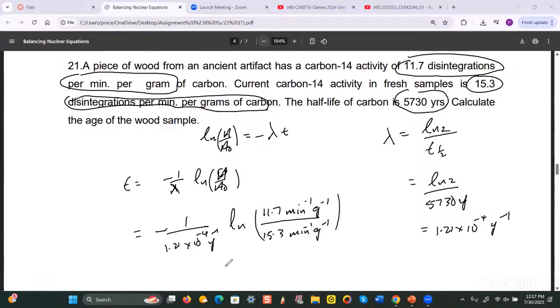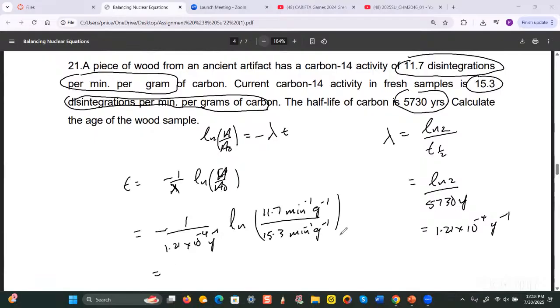And that's it. So let's see what this gives. 11.7 divided by 15.3, and then I find the natural log of that, and then I'm going to divide by minus 1.21 times 10 to the minus 4.